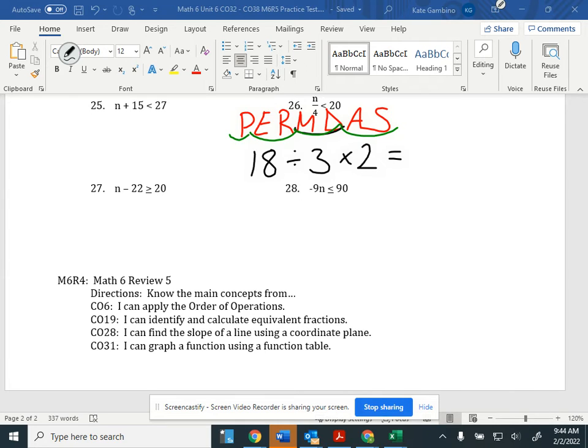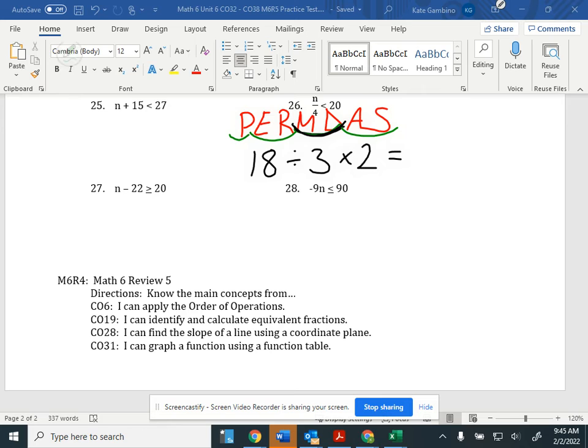I thought it would be multiply. Our layer is multiply, divide. Whichever one you get to first, you do. It doesn't have to be you multiply first and then you divide. They're at the same level. I thought it was because M was in front of D. Everybody gets confused by that, Nolan, and that's why I did this problem.